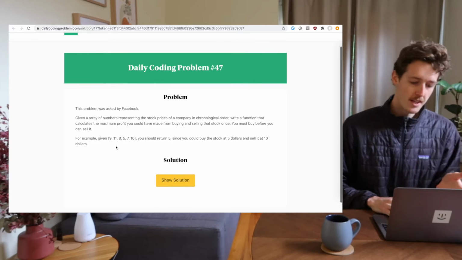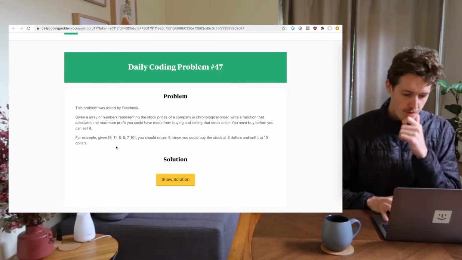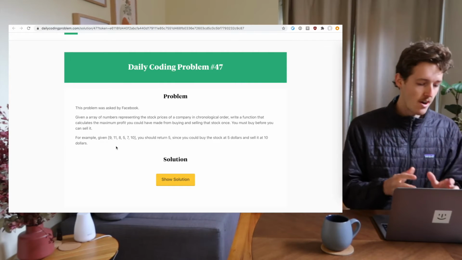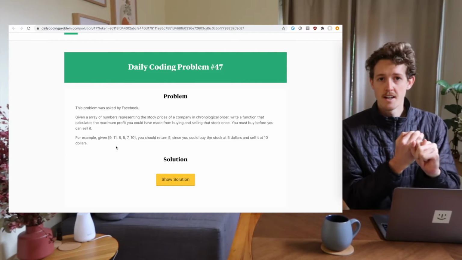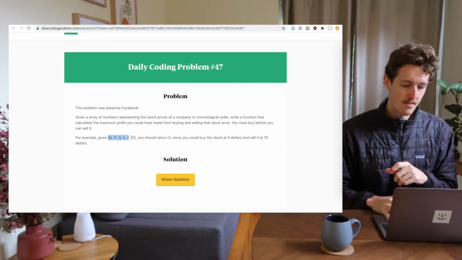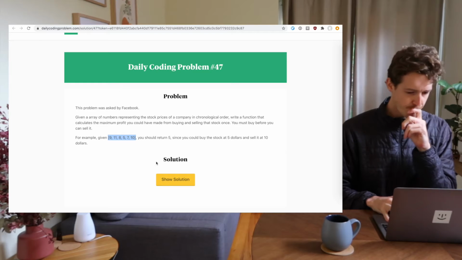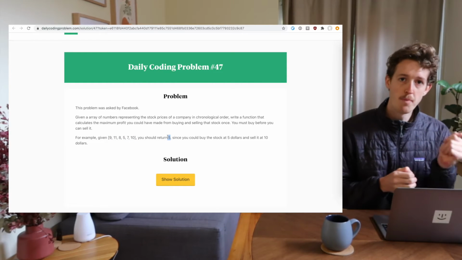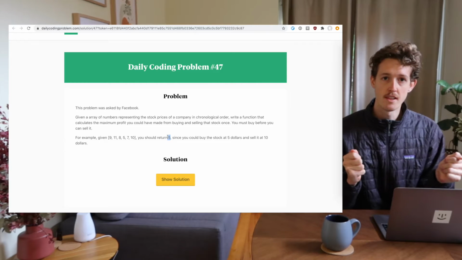Now, looking at the problem, the first thing I do when I get these problems is think, all right, have a crack at doing an example. We can see here that we're given these share prices, and we know we should return 5 as the maximum profit we could get from buying a share and then selling the share later.